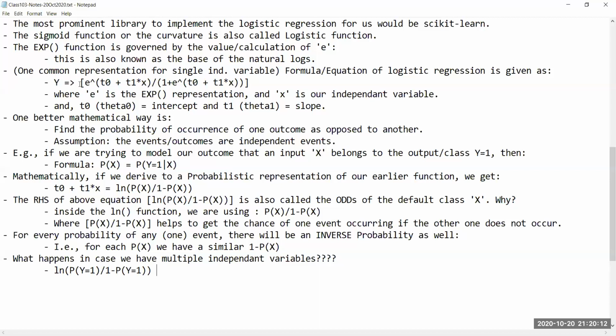Because if you had an earlier equation like this, and this part simply belongs to the linear regression formulation, then irrespective of what is here, you can still apply the natural logarithm on both sides of the equation, and you will be able to extract this part out. Which means if for any use case I have multiple independent variables, I can represent my logarithm like this, or in other words, I can represent it like this also.